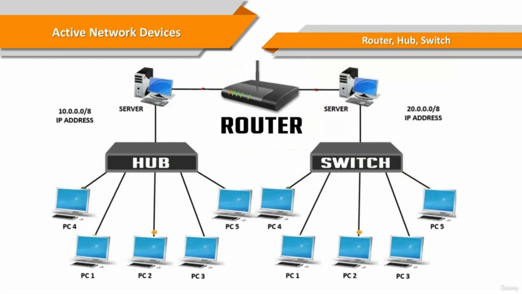So in comparison, a switch keeps a record of the MAC, which is the media access control address, of all the devices connected to it. With this information, a switch can identify which system is sitting on which port. So when a frame is received, it knows exactly which port to send it to, without significantly increasing network response times.